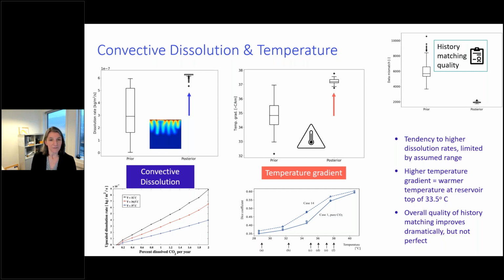The routine is pushing the parameter values up, for example, to higher dissolution due to convection and a higher temperature gradient, which means a greater temperature at the top surface, and that of course affects density, which then affects the plume volume. These are all within the ranges that we're expecting, but we did give the constraints at the beginning. The overall quality of the history matching does improve dramatically, but it is not perfect, and that is a good thing to take forward. Next.